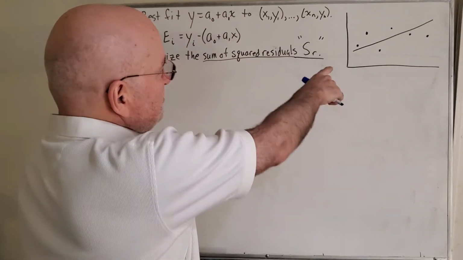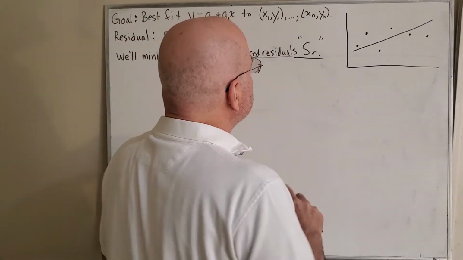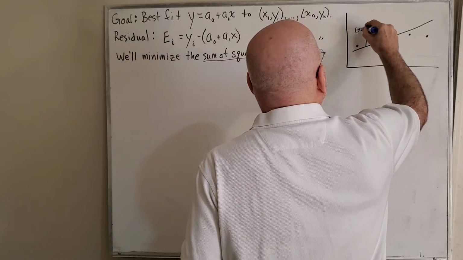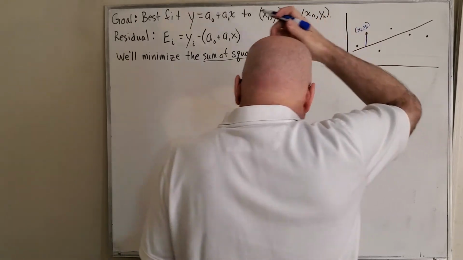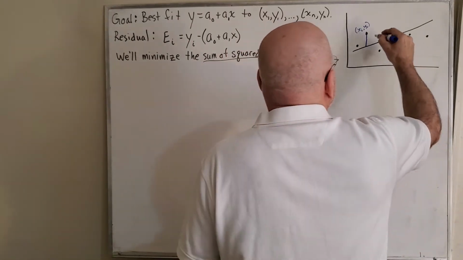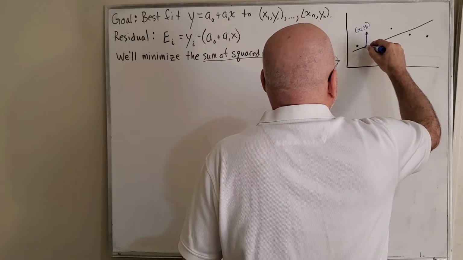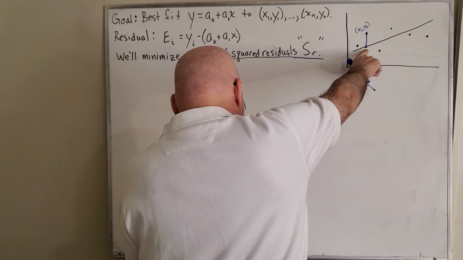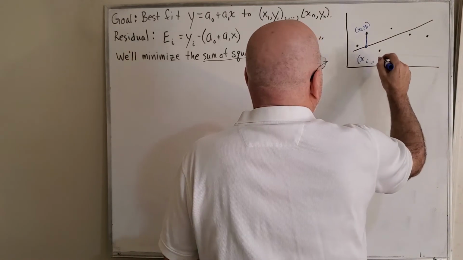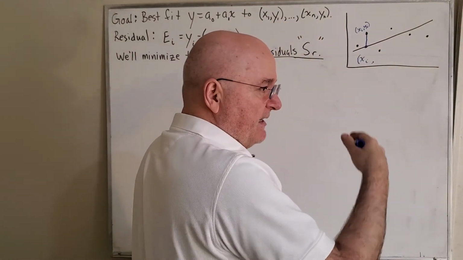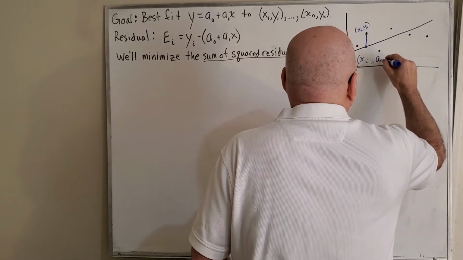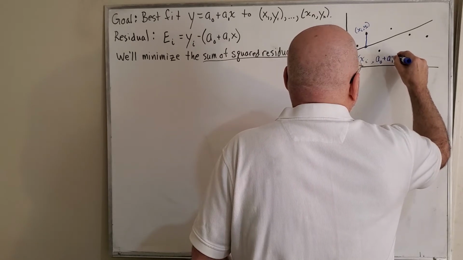Okay, so I just drew that little thing up there just to make a comment. If that's xi, yi, then this distance right here, this would be our predicted value, and that would be xi, comma, well, our predicted value, remember that y equals a0 plus a1x, this would be a0 plus a1 xi.